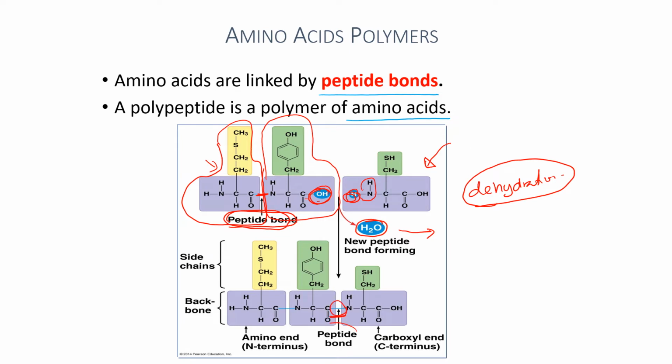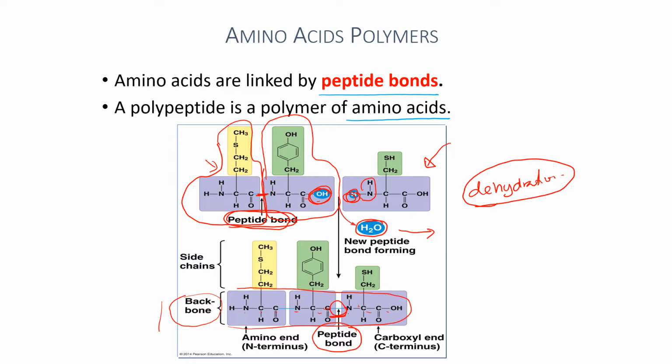Okay, a peptide bond is a type of covalent bond between the amino acids in a polypeptide chain. So the polypeptide chain will have a backbone consisting of a repetition of nitrogen, carbon, carbon, nitrogen, carbon, carbon, nitrogen, carbon, carbon. So this is the backbone of a polypeptide.